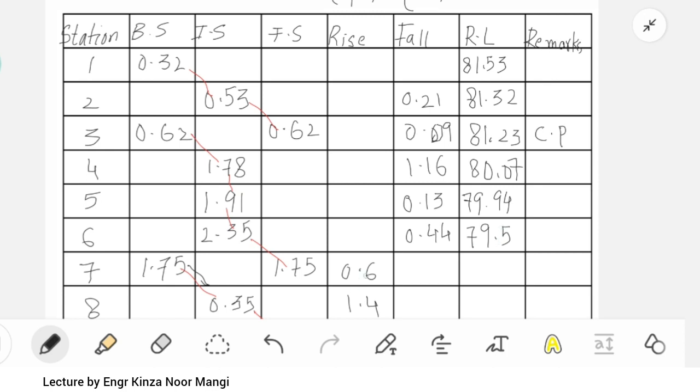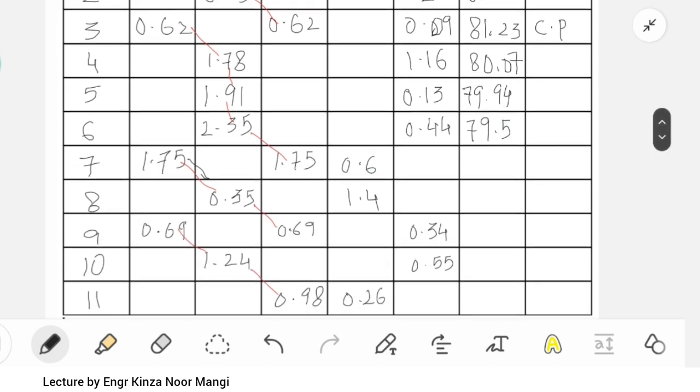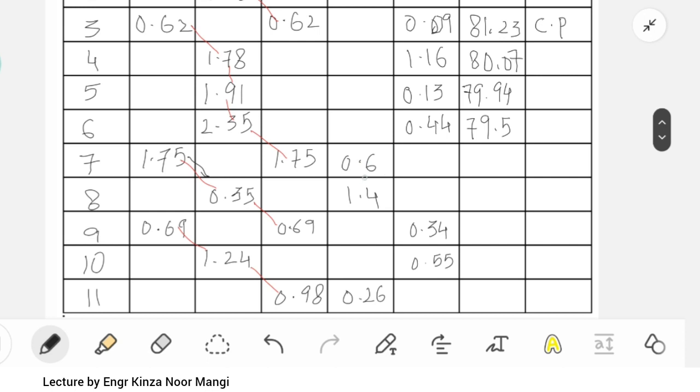Now here we can see a rise value is given, that is 0.6. Now we will add. Previously we were subtracting because these were the fall values. Now as it is in the rise column, we have to add this. 79.5 plus 0.6 will give us 80.1, then plus 1.4 will give us 81.5.